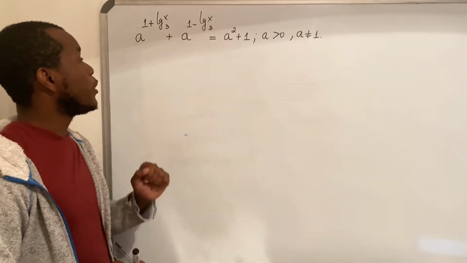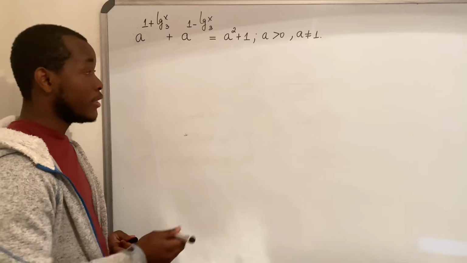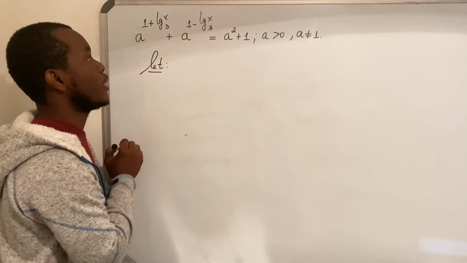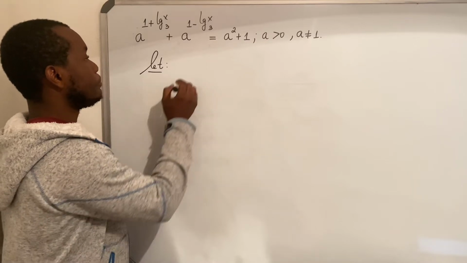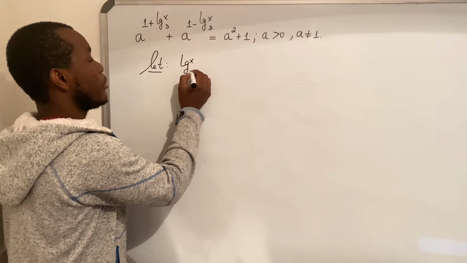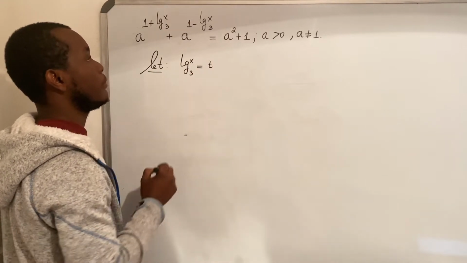We have base 3 here and we have base 3 here. So we can let log of x to the base 3, the whole log, be equal to a variable, let's say t.